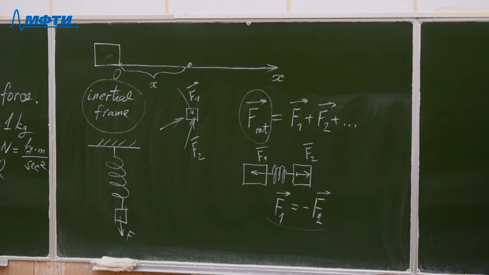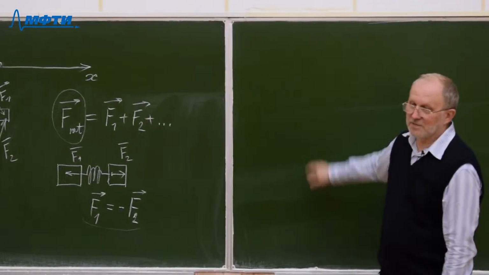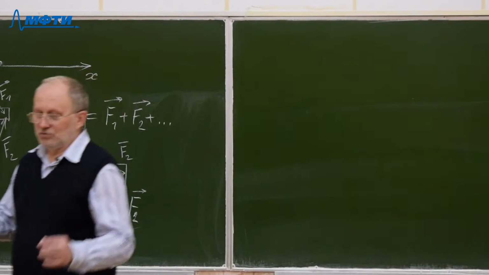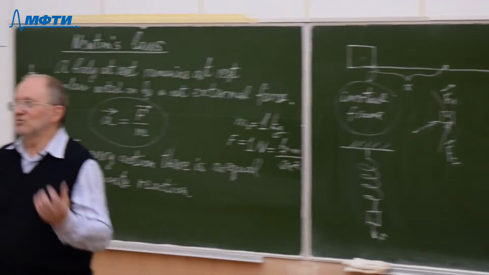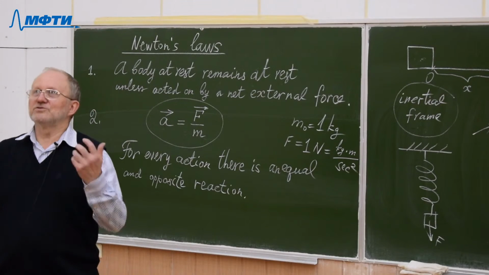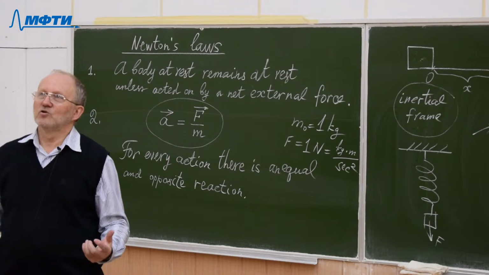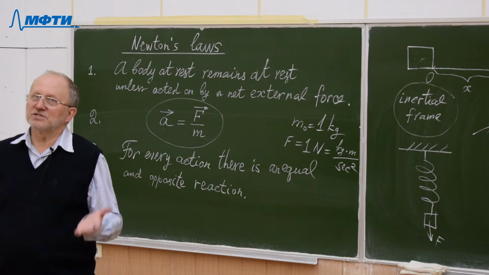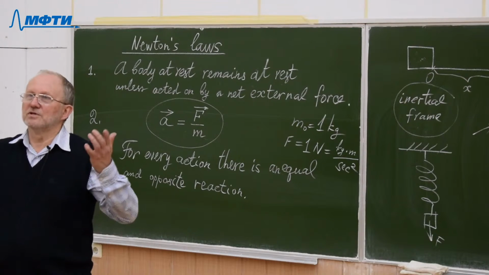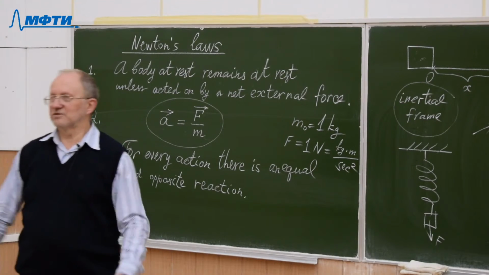You may exert a force on a wall. So I act with some force on the wall, but I feel that the wall is acting with similar force on me. All of you are aware of a gravitational pull which is acting on you and pulling you downward, but you feel the opposite force from the bench, which supports your body and doesn't allow you to fall down through the surface of the Earth.